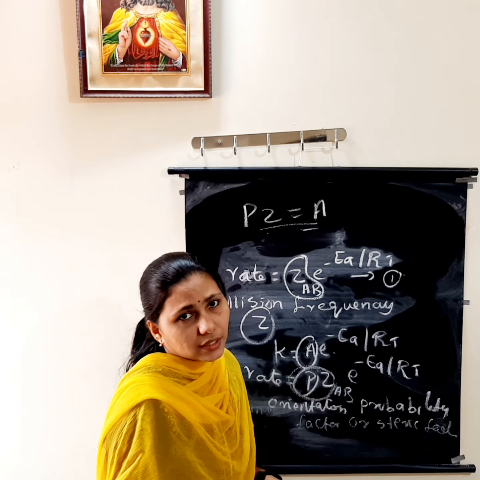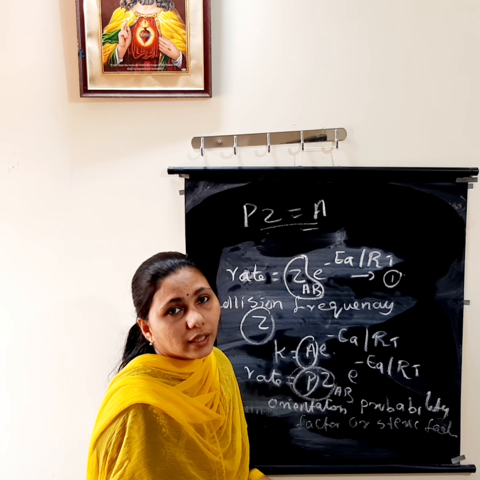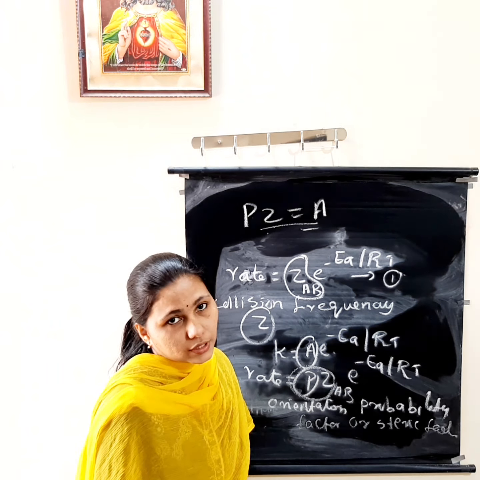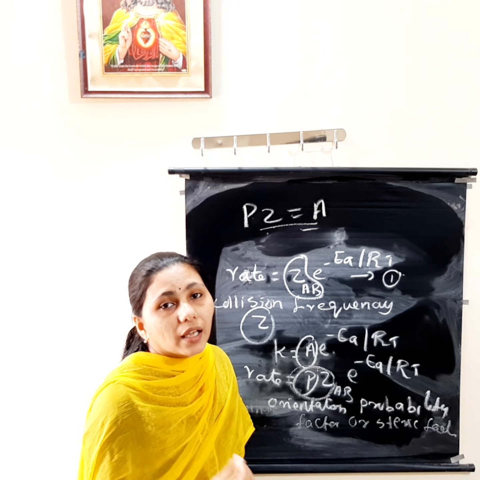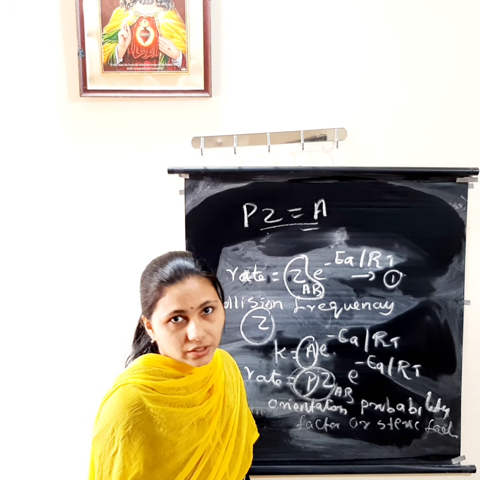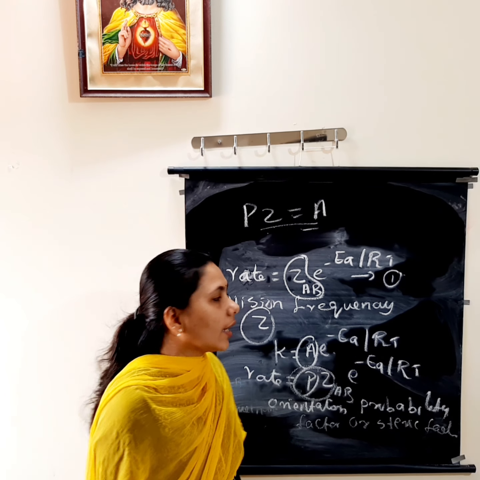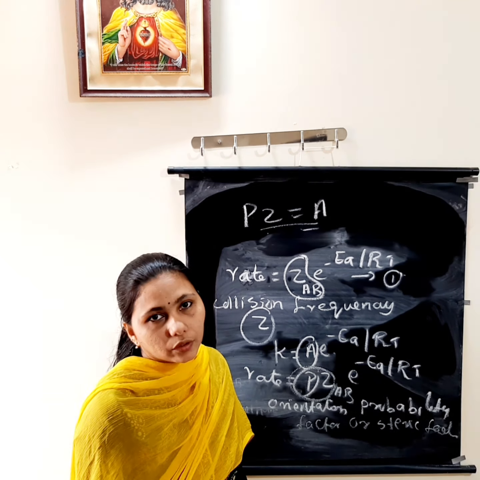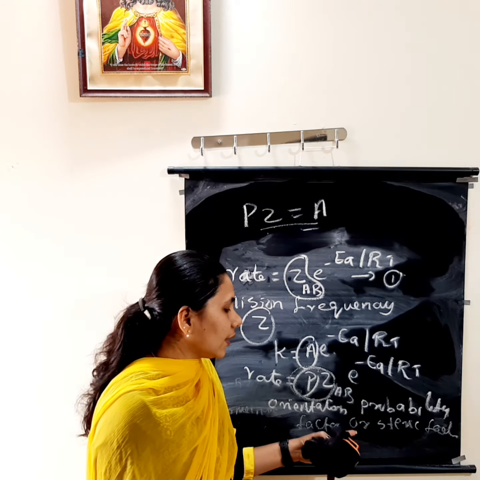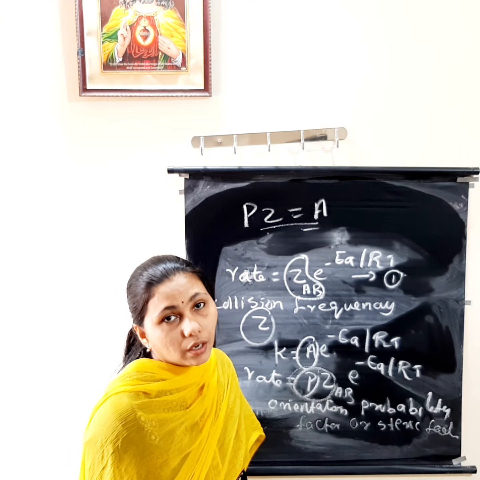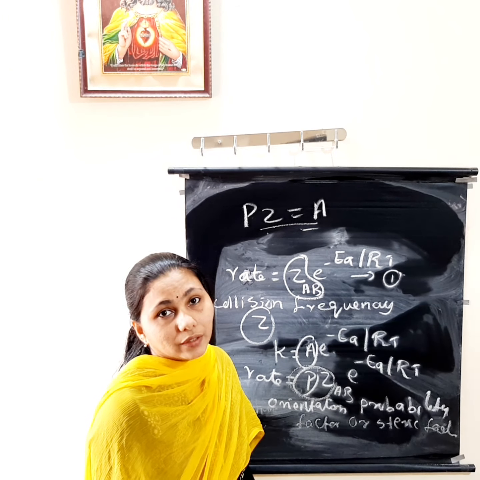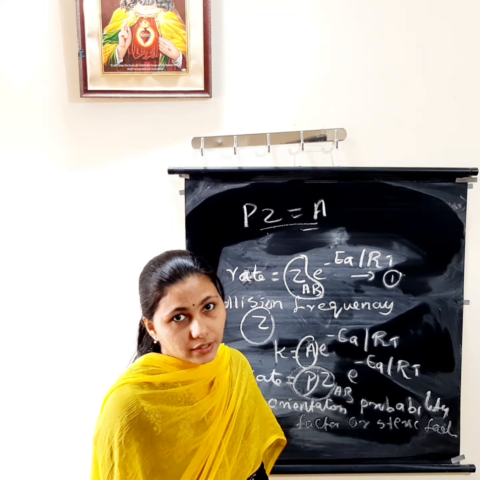There are limitations. First, they consider the reactant molecules as hard spheres, but they do not tell about their structures. That is the first drawback. The second limitation is that they call P the probability factor or steric factor, but they do not explain why it is known as a steric factor.